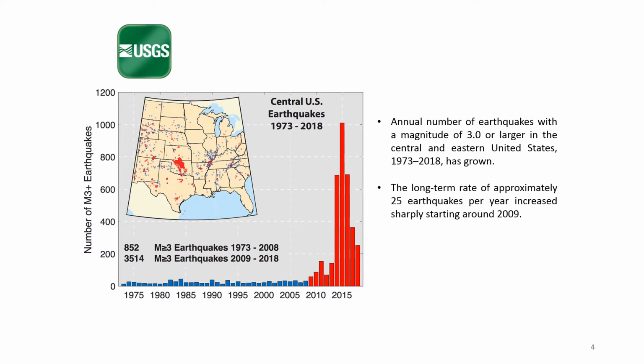Increased seismicity rates followed the appearance of a number of wastewater disposal wells, notably in Texas, Arkansas, and Oklahoma. The notable impact of induced earthquakes on people's lives motivates scientists to concentrate on the evaluation of induced earthquakes in the central and eastern United States.